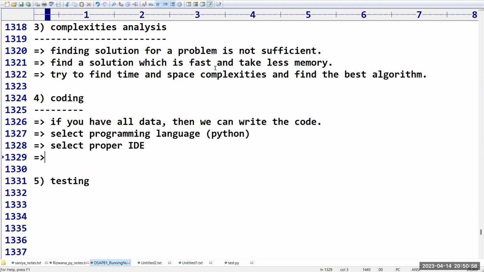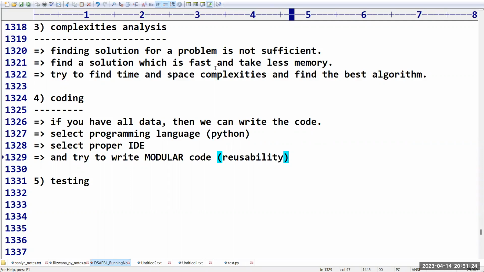And we have to select a proper IDE, and then try to write. This is very, very important: try to write modular code, sir. Modular code means you have to apply the reusability principle. In the beginning, one of our students asked a doubt: sir, if you have 100 lines of code, how can you calculate the time complexity?